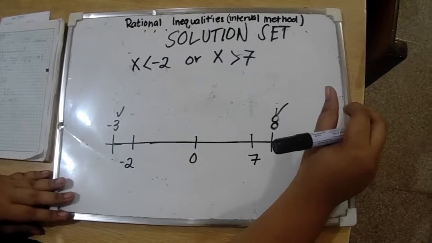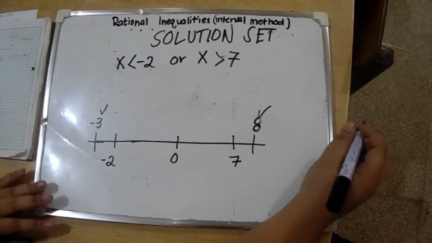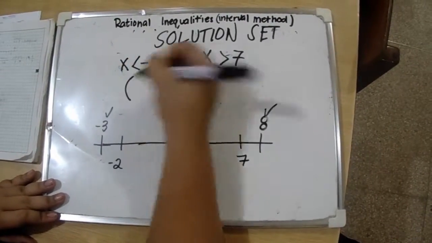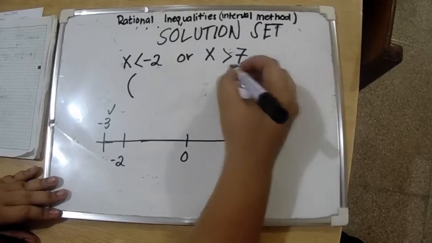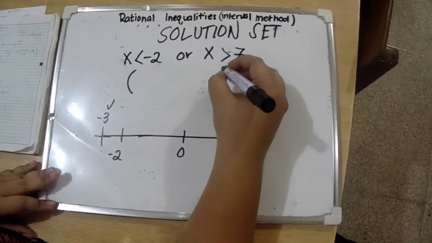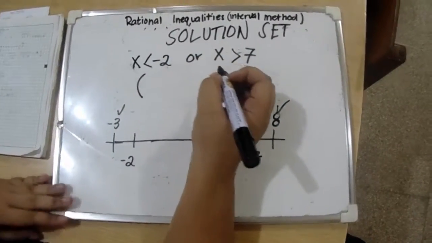So how are we going to use the brackets? Here, we use parentheses because the symbols that we use are greater than and less than.